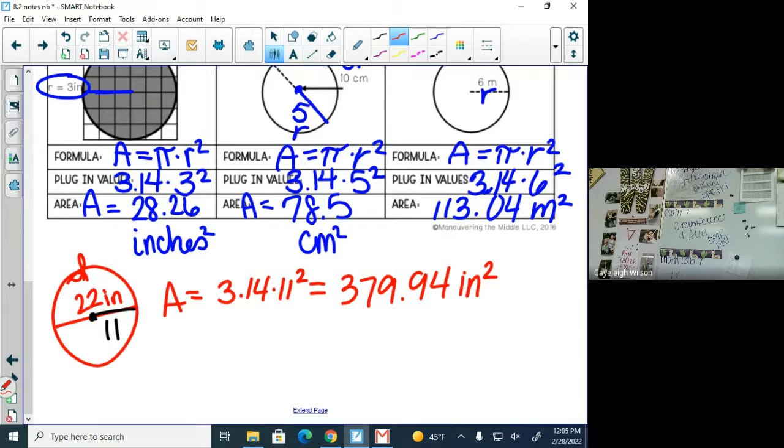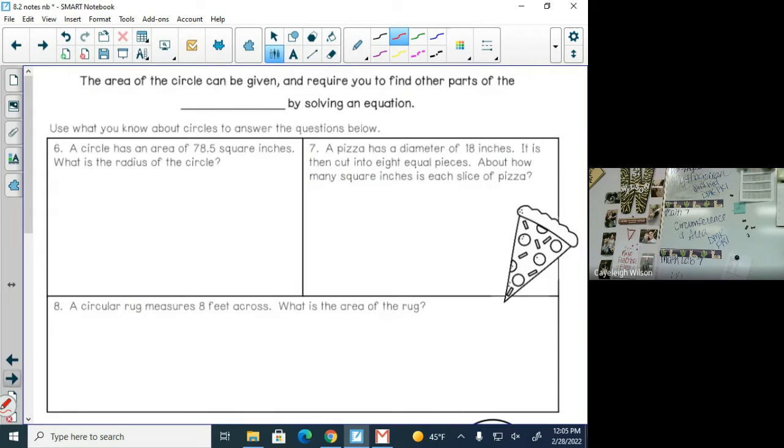That one gave us the circumference, and what did we do with it? We divided it by pi to be able to find diameter or radius. That's what I'm going to do on this next one, we're going to work backwards. So it says the area of the circle is given, and we require you to find other parts of the formula by solving an equation.